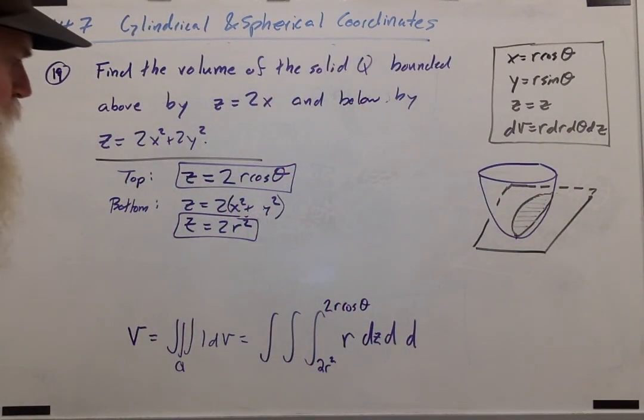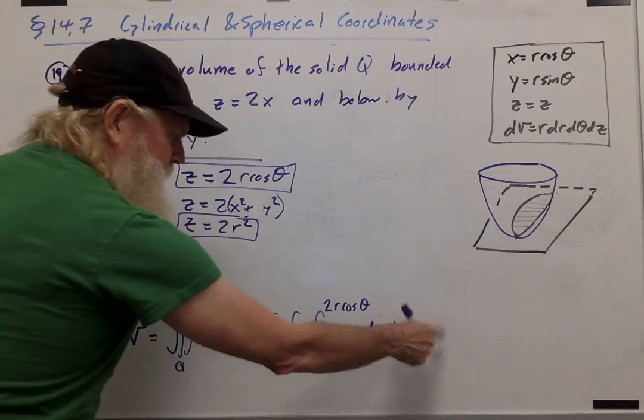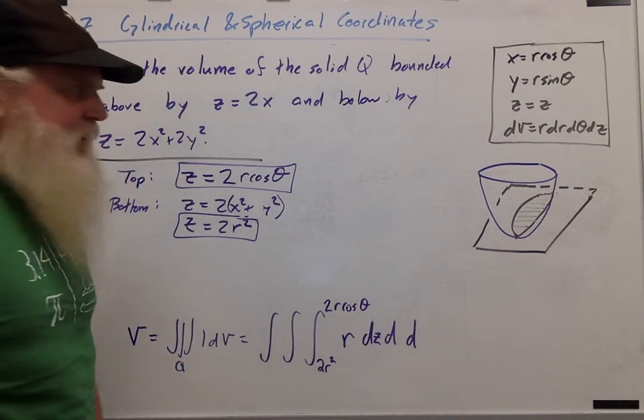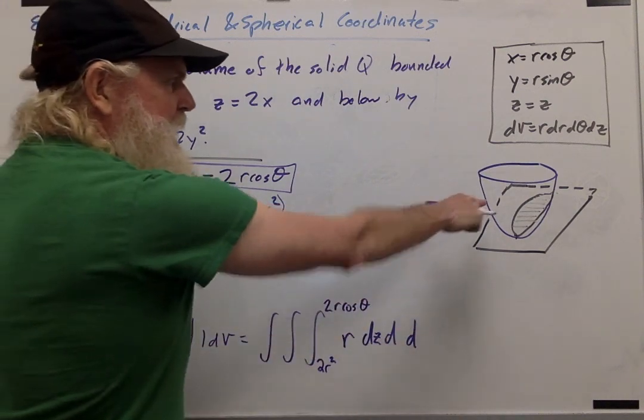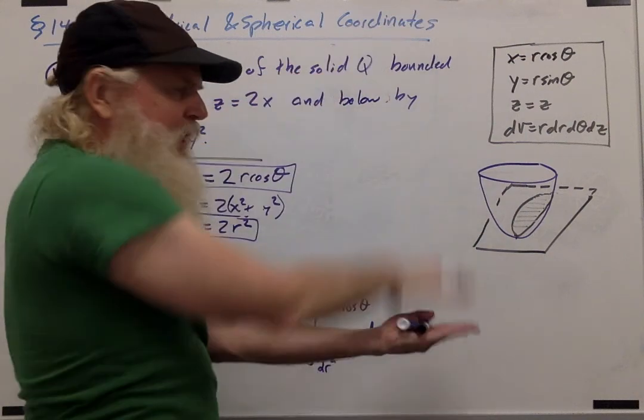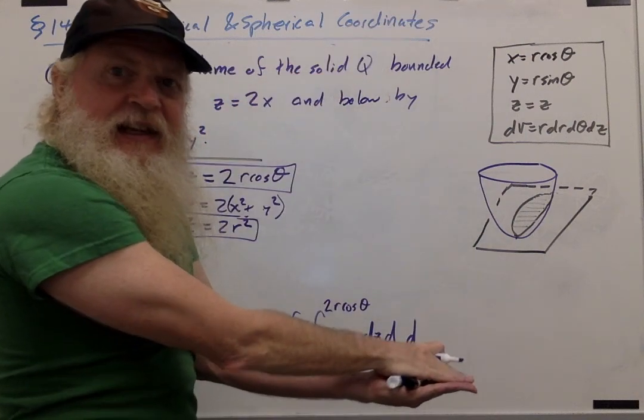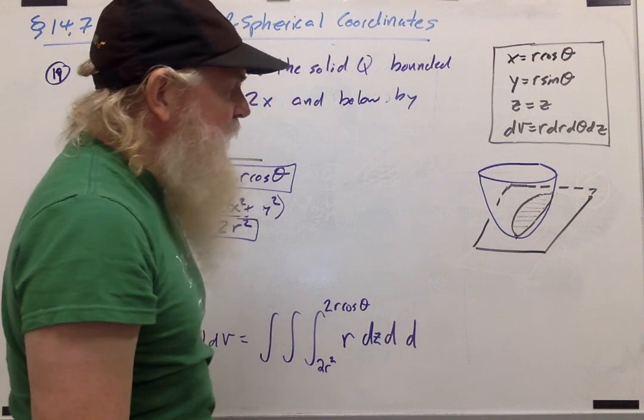And now what we need to do is figure out how to set up the bounds for r and theta. So to that end, let's take this and project it down along the z-axis and see what the picture looks like in the xy plane.